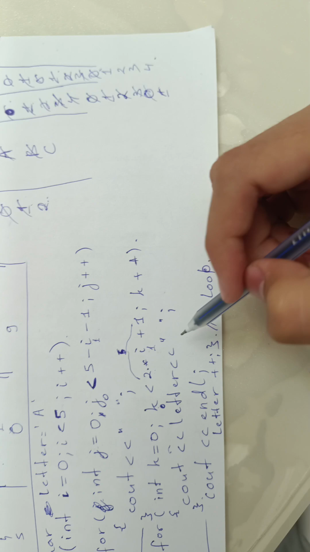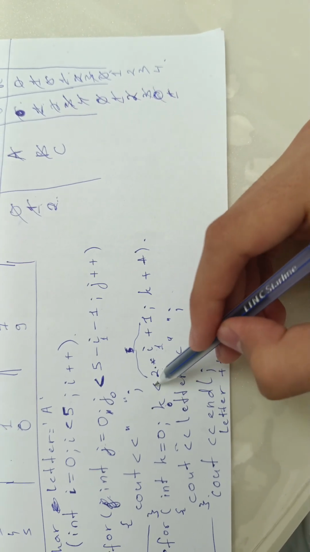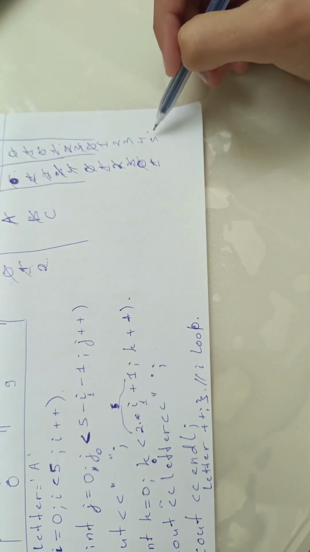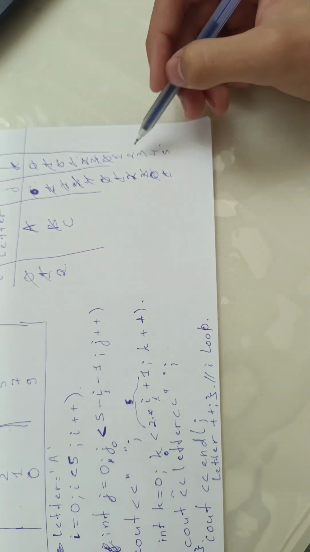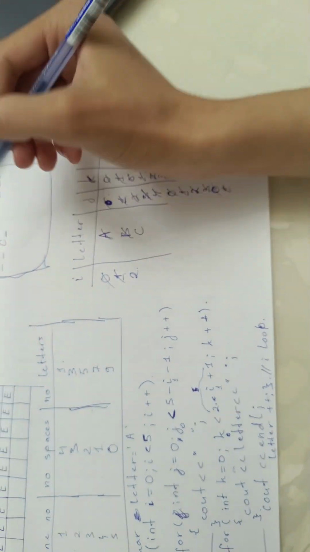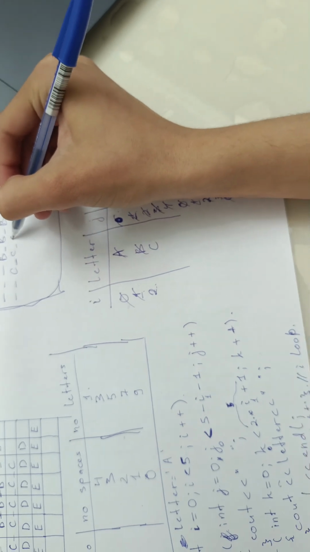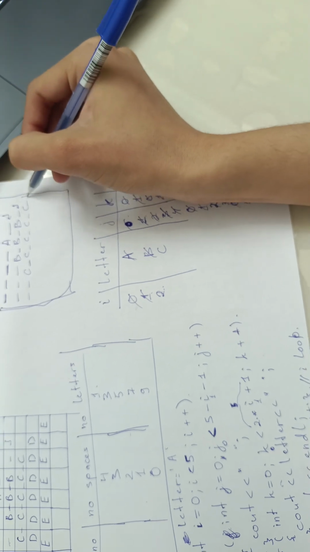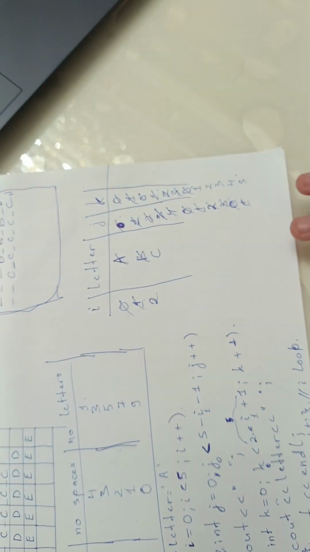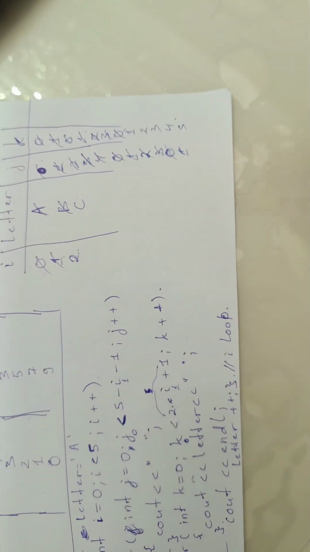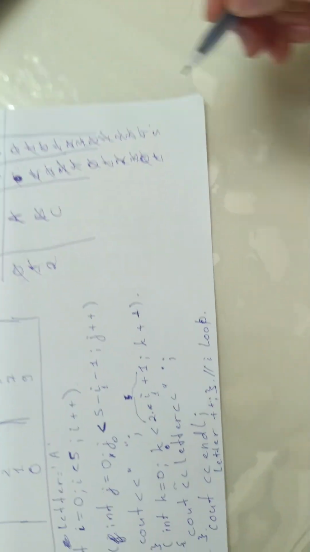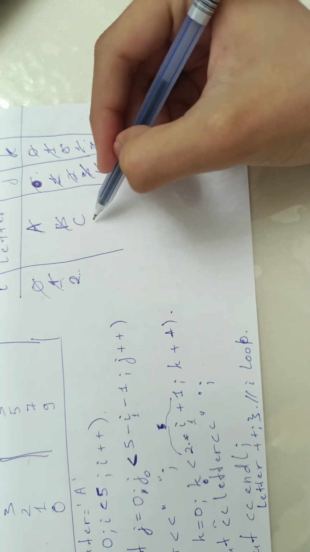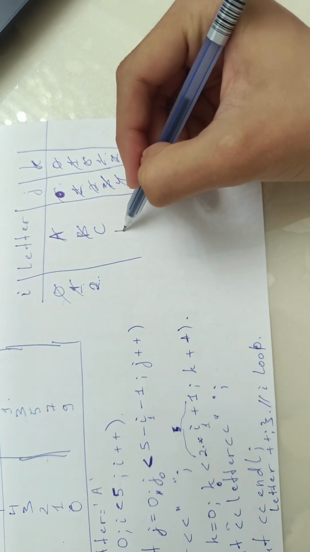So it prints out only 5 letters and spaces. Then end line and letter plus plus. The letter C becomes D.